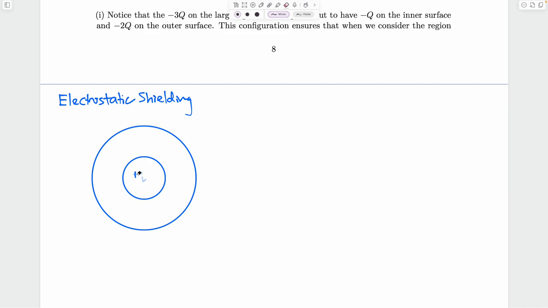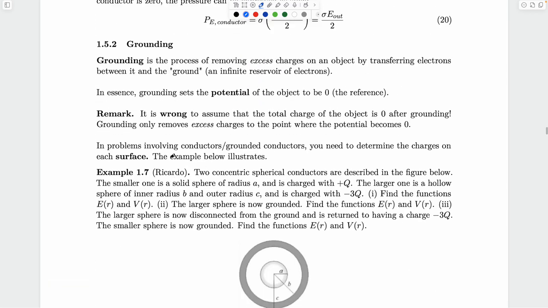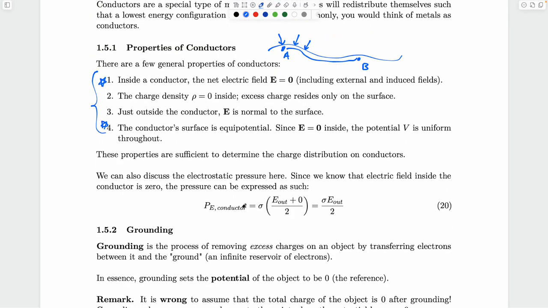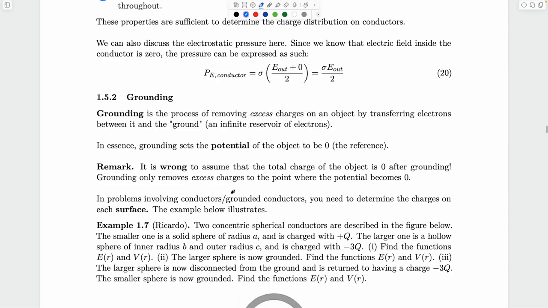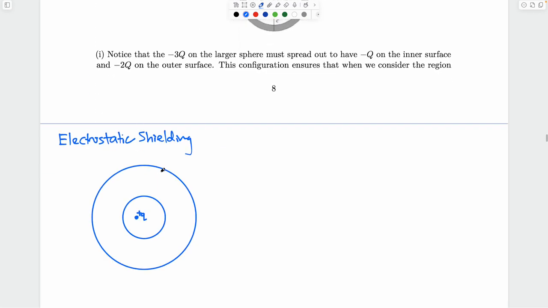So let's say you place a charge not necessarily at the center. By our first property, the electric field inside the conductor must be zero. So what actually happens is that this plus charge will attract negative charges on the inside, maybe more dense over here and less dense outside.